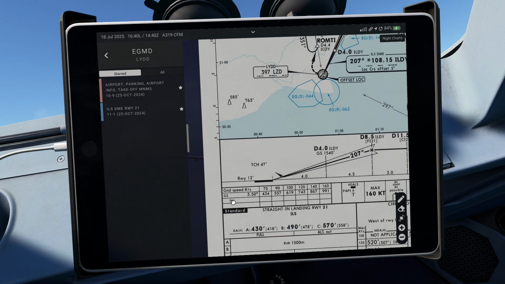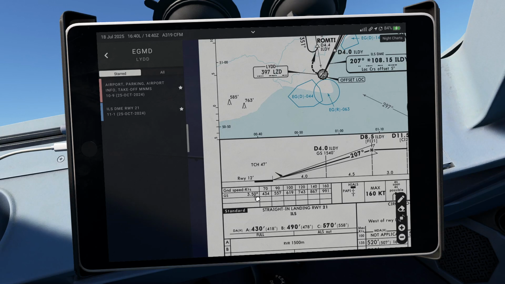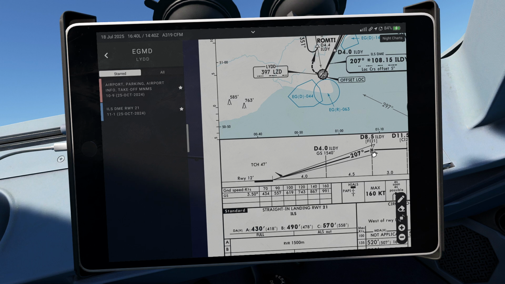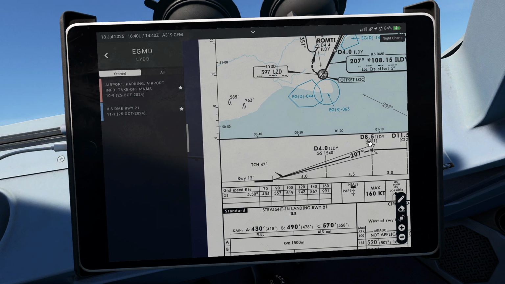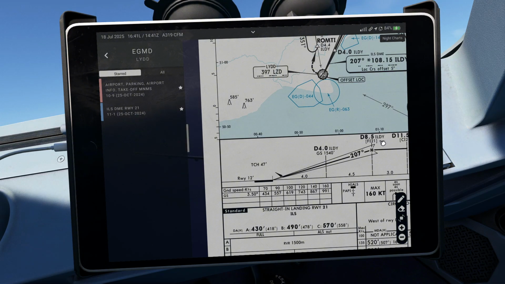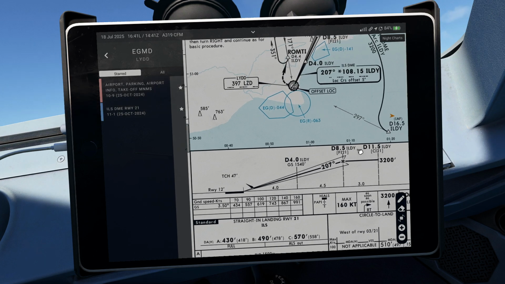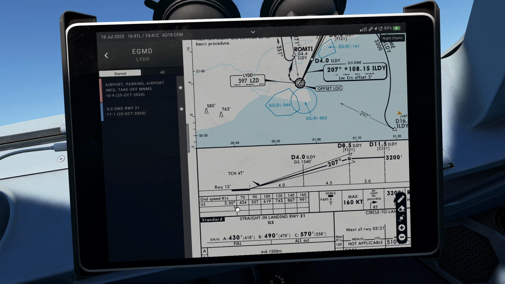With regard to the glide slope angle, there is a 3.5 degrees angle from the final approach point, which is located at 8.5 miles from the ILS. It's an outer restriction.